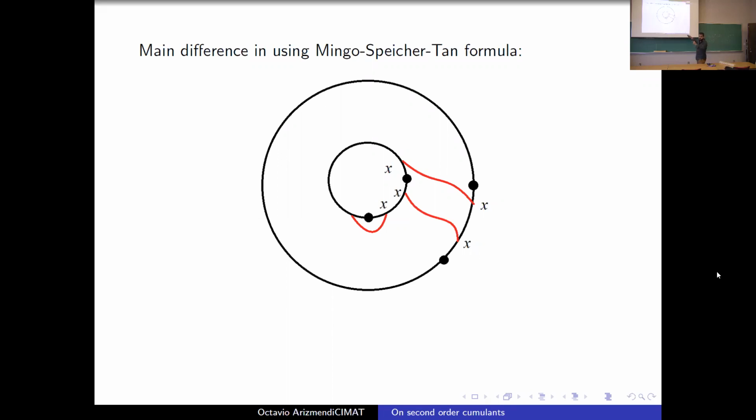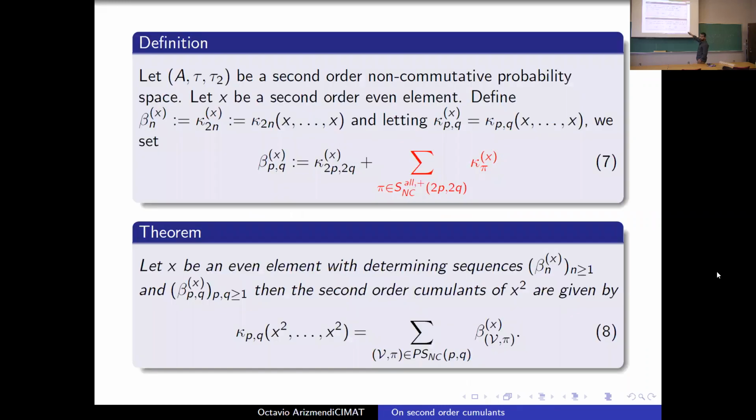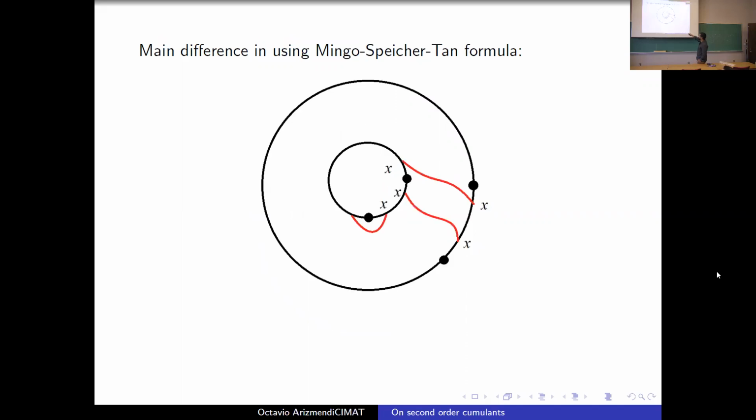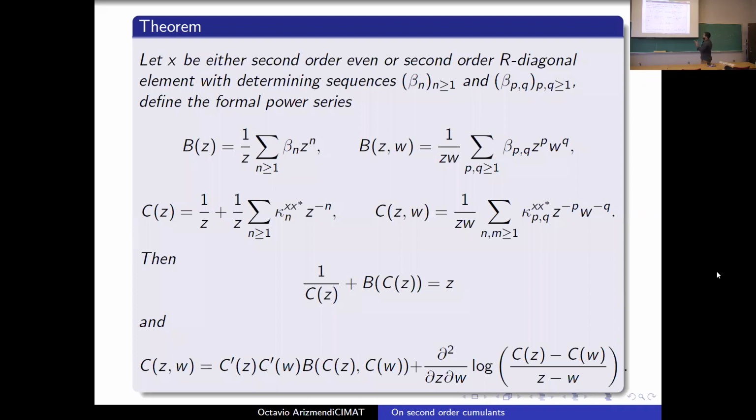And this parity thing, topologically these are the same, this is not true in the second order level. That's why we have different definitions for this. So I need to take all the guys which come from these cases and put them together. And as I mentioned, at the end what we get is how to get the cumulants from the determining sequence, which is this B, of the original ones.